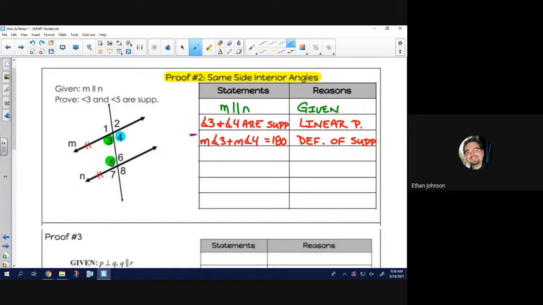So in other words, we know angle 4 is congruent to angle 5 because they are alternate interior angles.